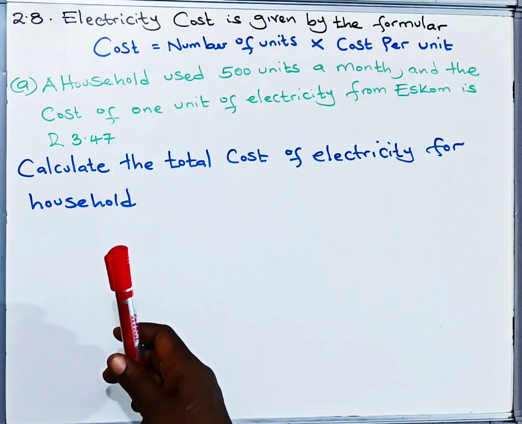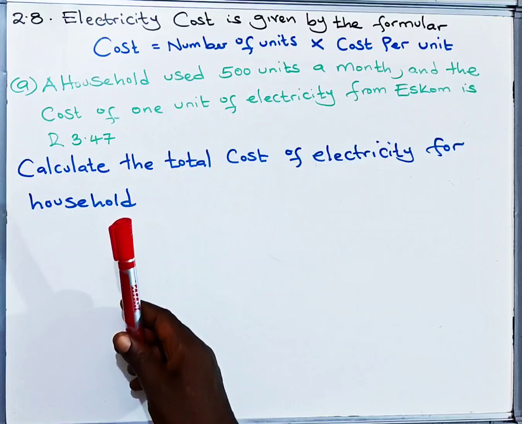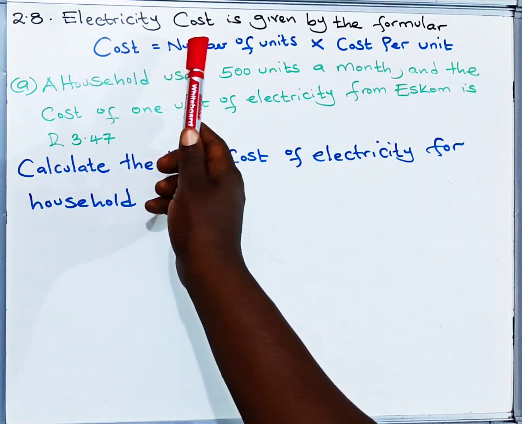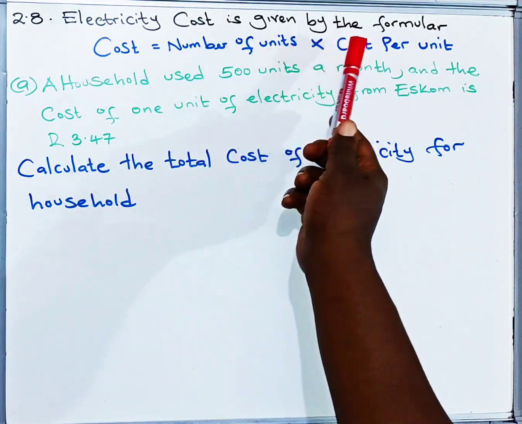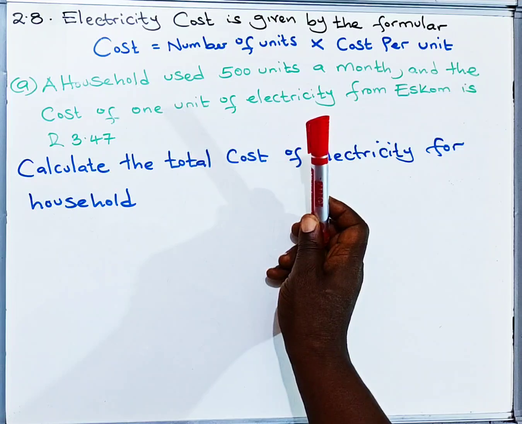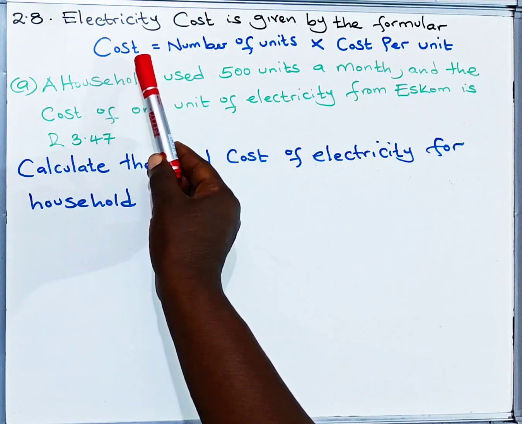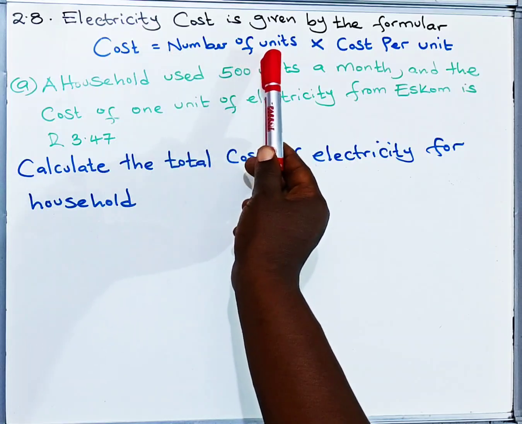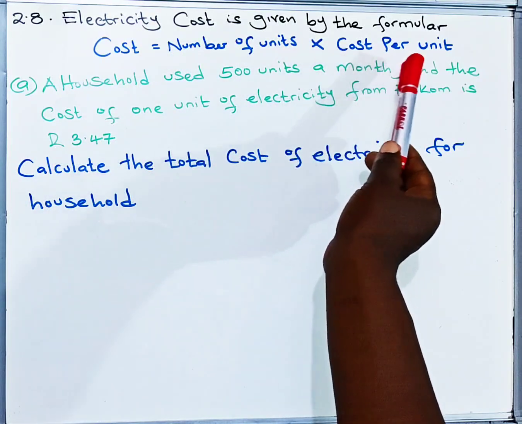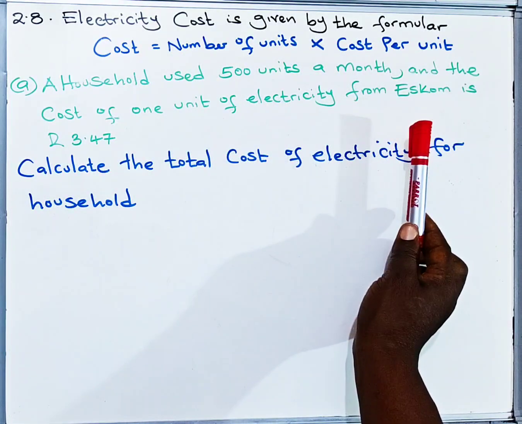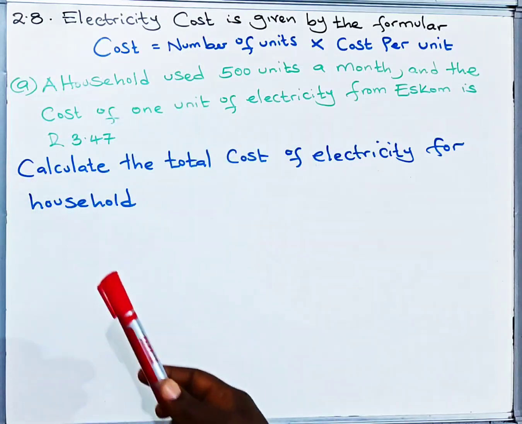Yes, today we are looking at this question. It says that electricity cost is given by the formula: cost is equal to number of units times cost per unit. Okay, then this case comes.